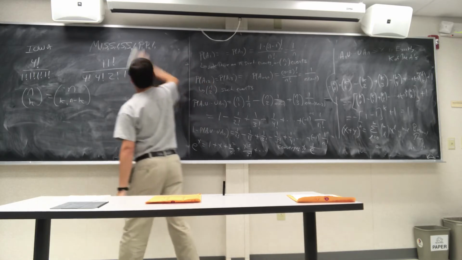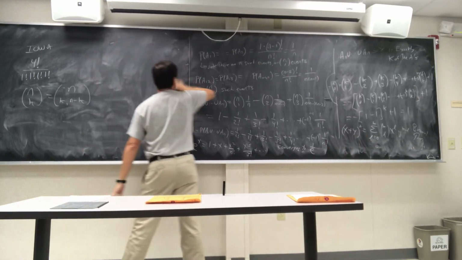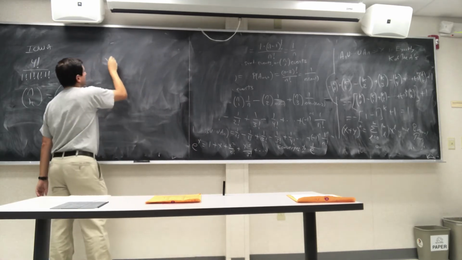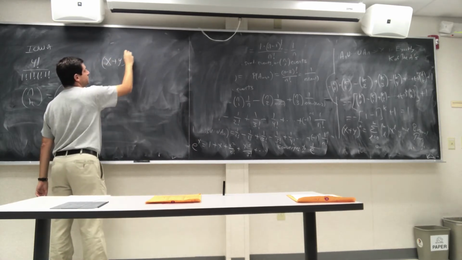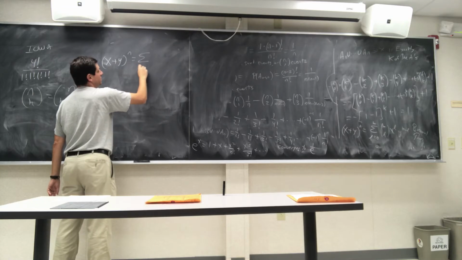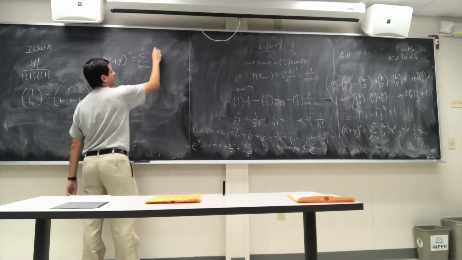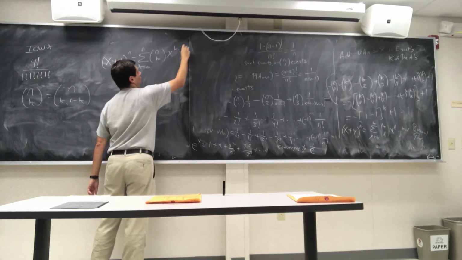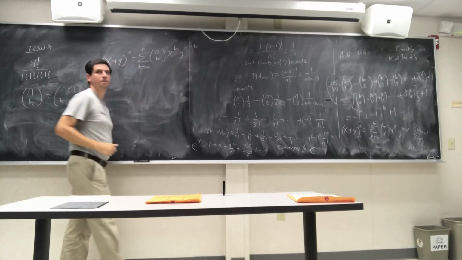So for example, let's say I give you x plus y to the n. This is the binomial theorem. It's the sum, k goes from 0 to n, of n choose k, x to the k, y to the n minus k.